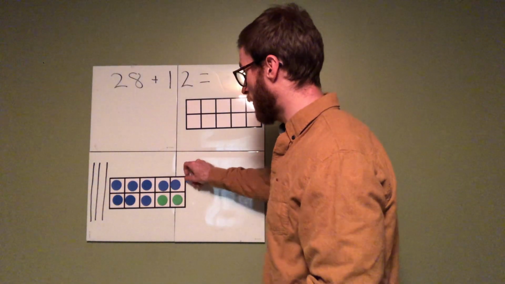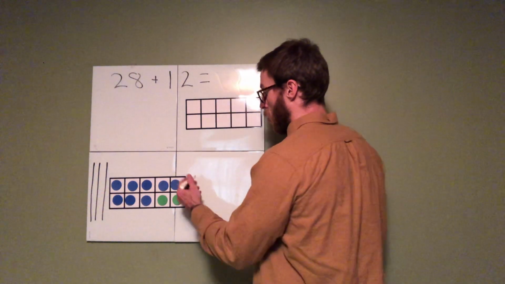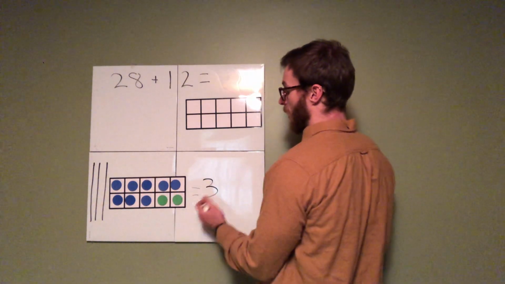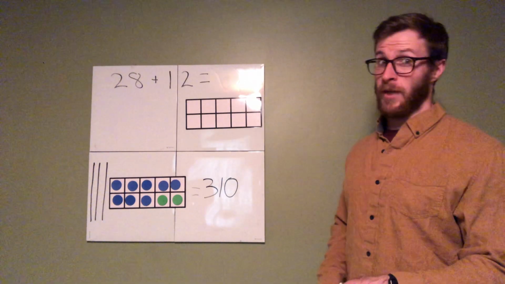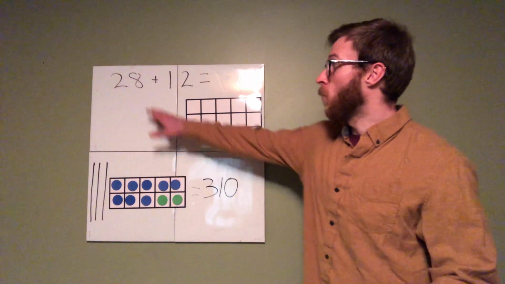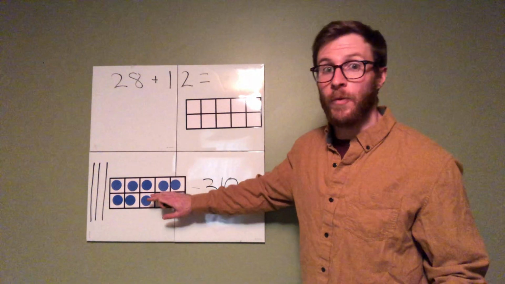So if I'm looking at my picture, I see 3 tens. So, okay, a 3 goes in the tens place. And then I see another 10. Do I write 10 here? Is our answer 310? That's really, really big. I don't think that's our answer. Remember, when our ones places add up to 10 or more, we are making another group of 10.